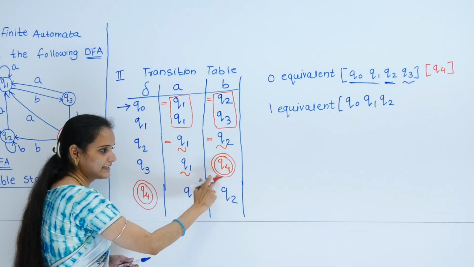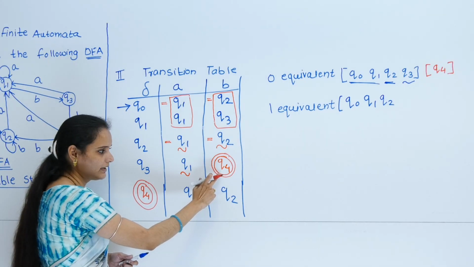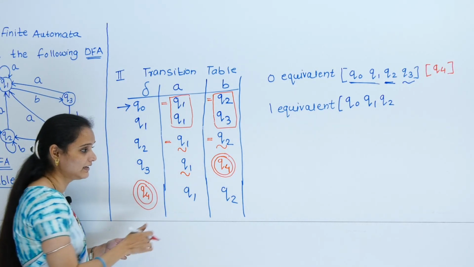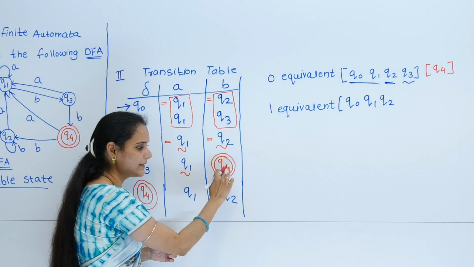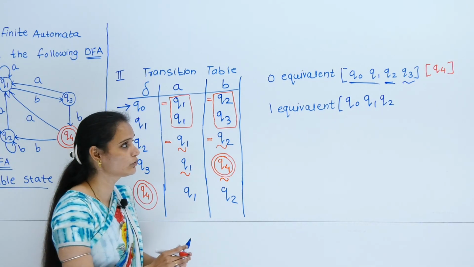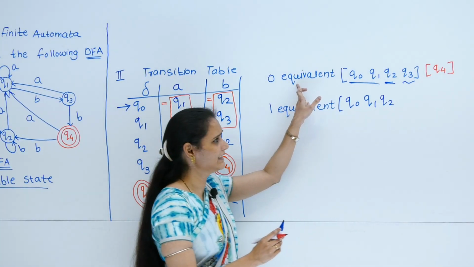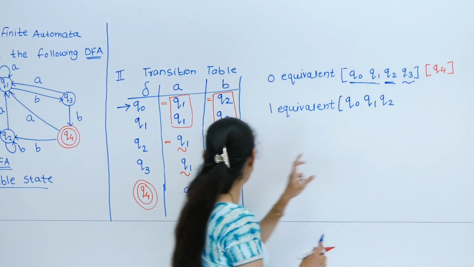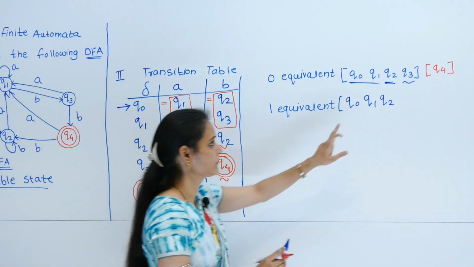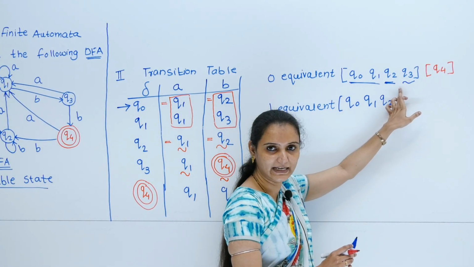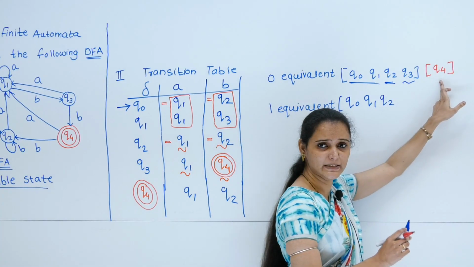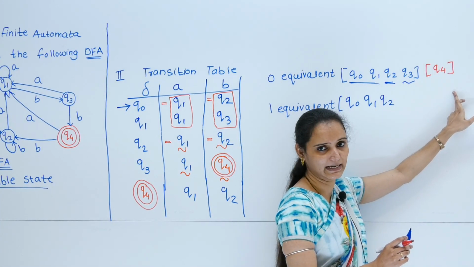And here we can see the red pen and the double circle means the acceptance state, so Q2 and Q4 are not present in one group in 0 equivalent. We can easily check here: Q2 is present in the group of the non-acceptance states, and Q4 is present in the other group of the acceptance state.